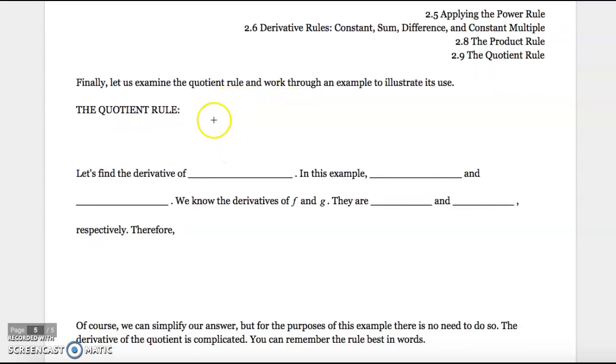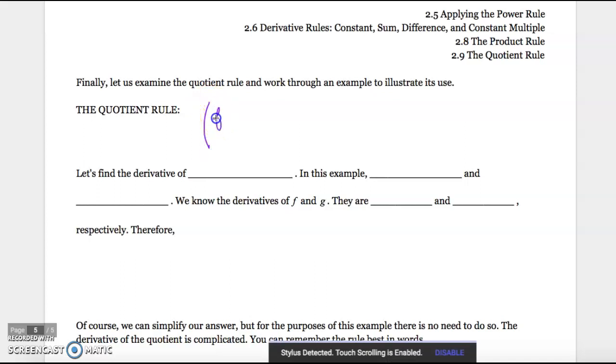In fact, the quotient rule is even a little more complicated, but the same way that we tried to remember the product rule using crisscross applesauce, we'll have a kind of verbiage for you to remember the quotient rule as well. So first let's write it down.